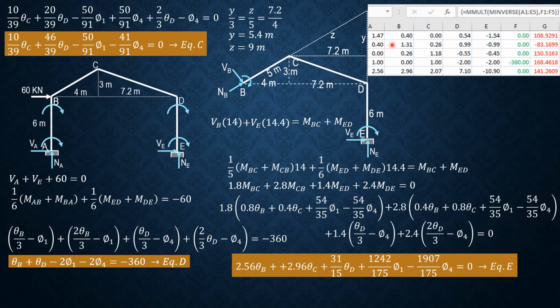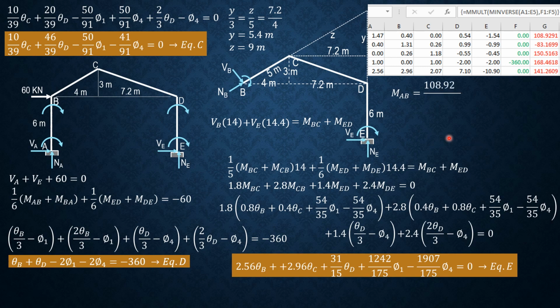So this is the result. These are the coefficients of the equations, then the constants. Everything is 0 except for equation D, which is negative 360 here. So by matrix approach, we have this theta B, theta C, theta D, P sub 1, and P sub 4.